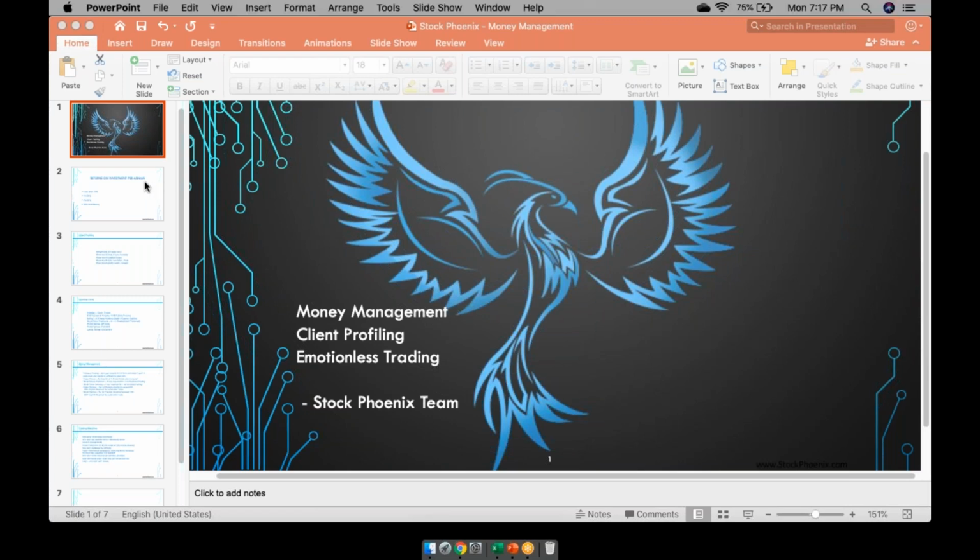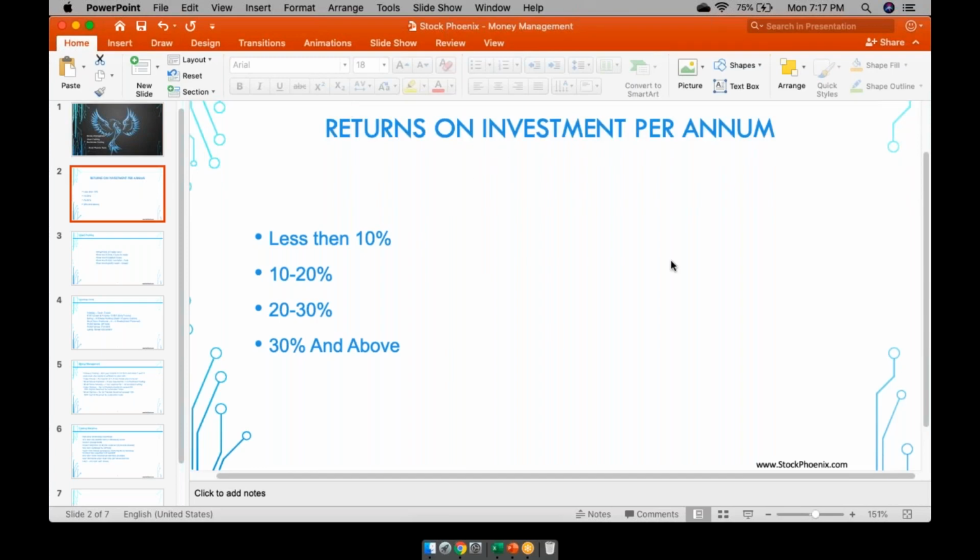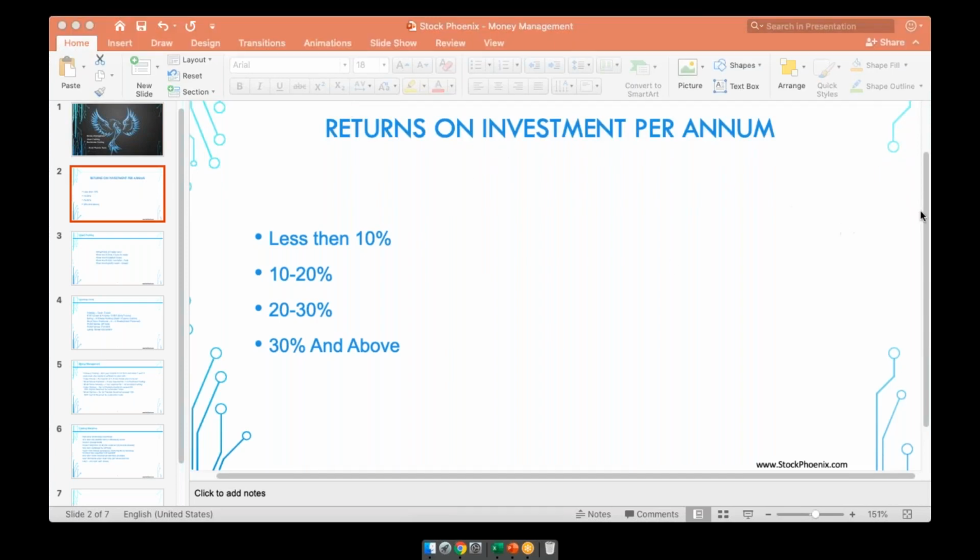So now let's see return on investment, your expectations. Say, for example, everyone is given 1 lakh capital. I'm repeating, 5 to 8 trades per month is sufficient as per my view. Coming back, return on investment per month, per annum.